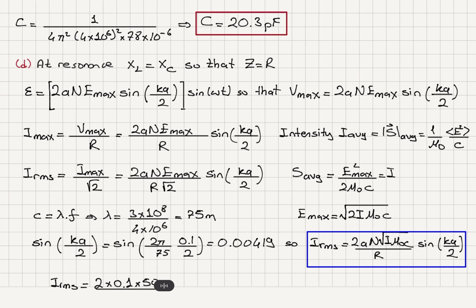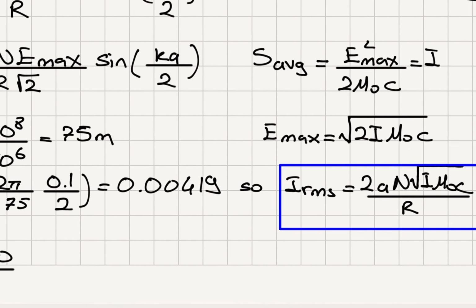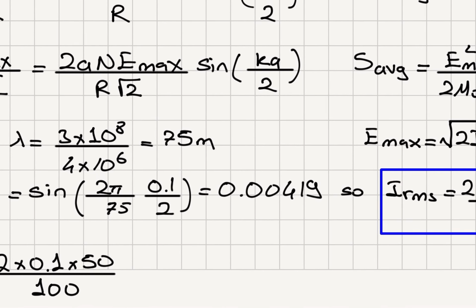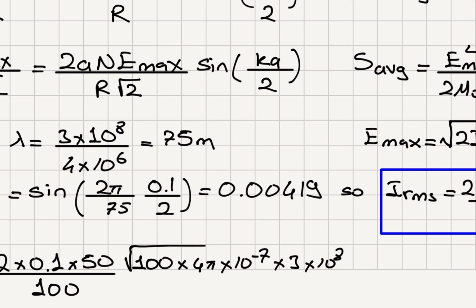So divided by 100, square root of I mu 0 c, 4 pi 10 to the minus 7, 3 times 10 to the 8, square root, multiplied by 0.00419.